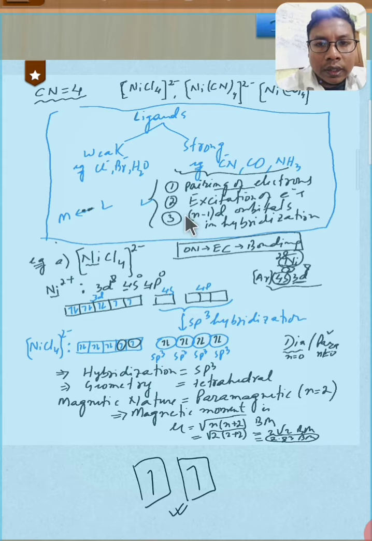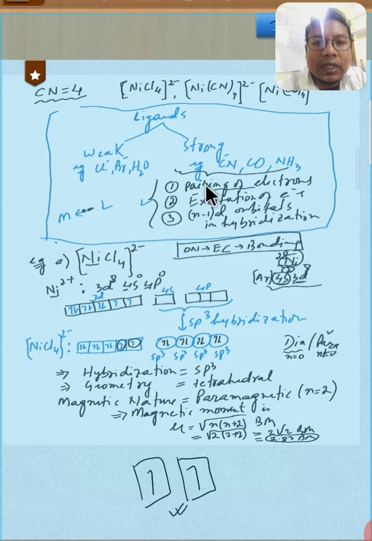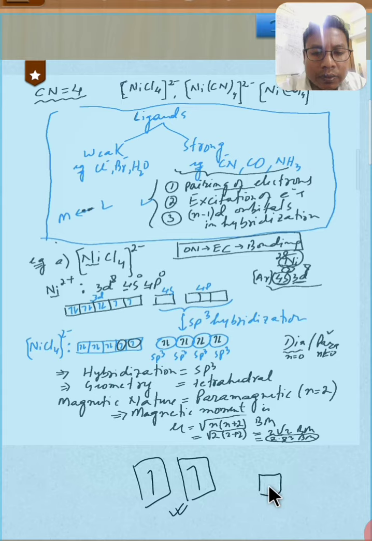So here in this case, the first function is pairing of electrons, and the second function is excitation of electrons. Excitation of electrons means if this is 4s, for example, and an electron is present in this orbital, and this is 4p, just as an example, 4s and 4p have different energy, and 4p has higher energy than 4s.